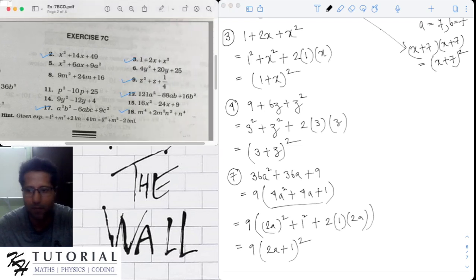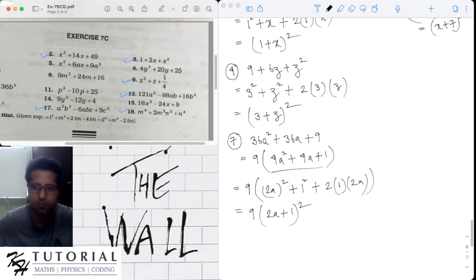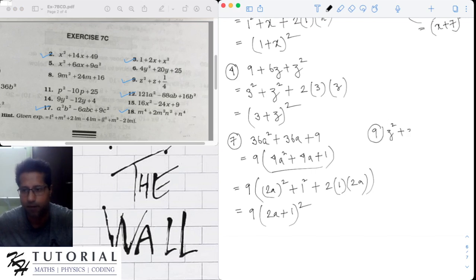Then do problem number 9. We have z square plus z plus 1 by 4. So we have z square, and 1 by 4 can be expressed as a square, that is the square of 1 by 2. So I got a square plus b square.